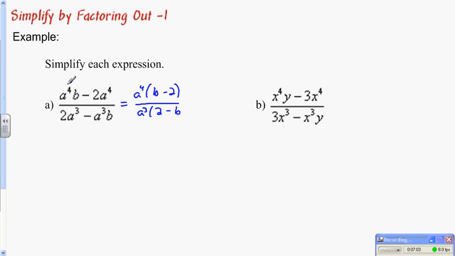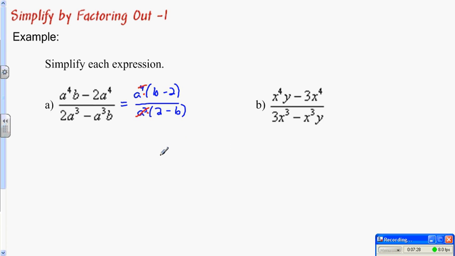Now we have created a multiplication problem. Now there we can cancel some things out. We have 4 a's above, 3 a's below, so we can cancel 3 of those, leaving just one a.